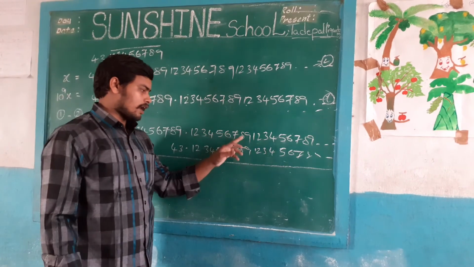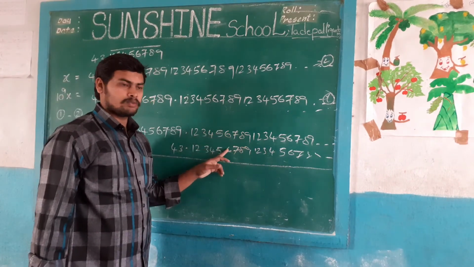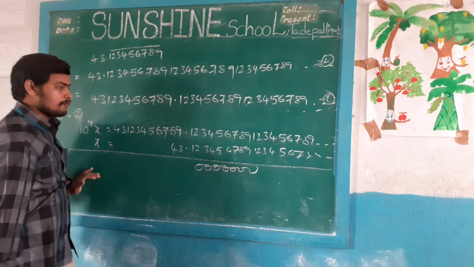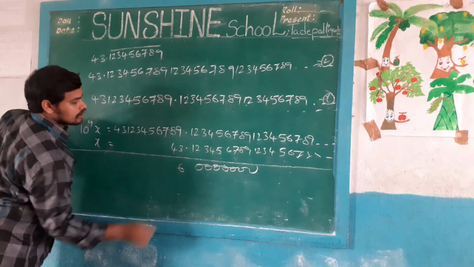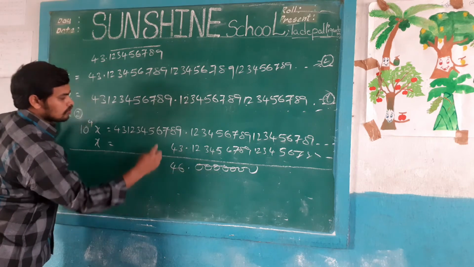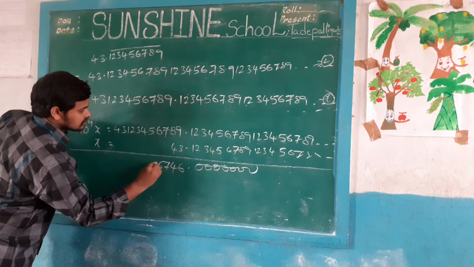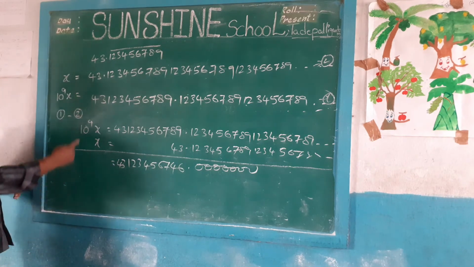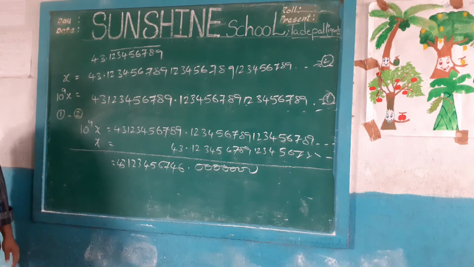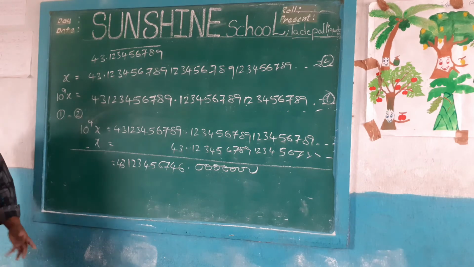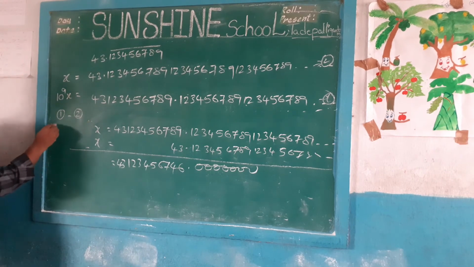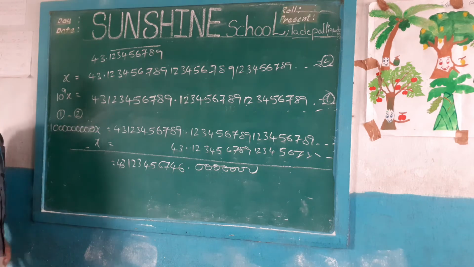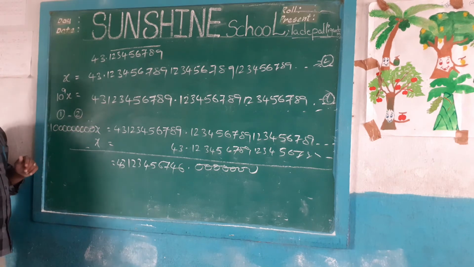9 minus 9 is 0, 8 minus 8 is 0, 7 minus 7 is 0, 6 minus 6 is 0, all are zeros here. Okay. 9 minus 3 is 6, 8 minus 4 is 4. So that equals 10 power 9 x minus x. 10 power 9 means how many zeros are there? 9 zeros. Minus x.